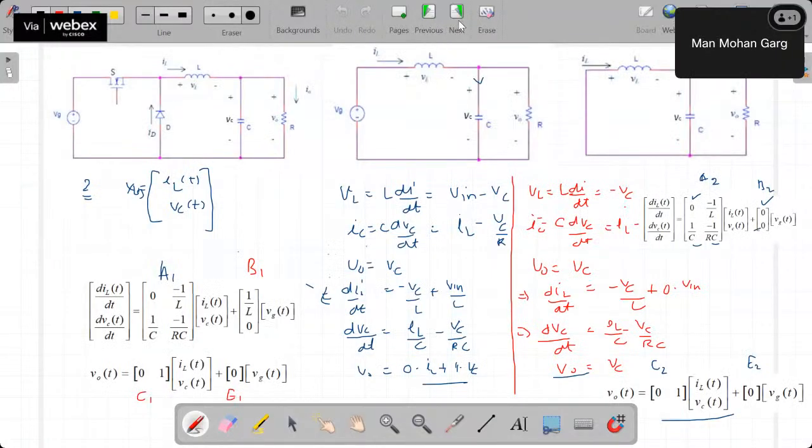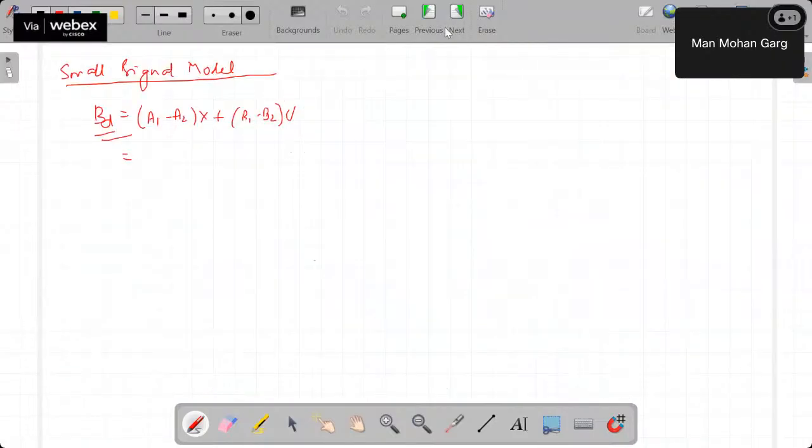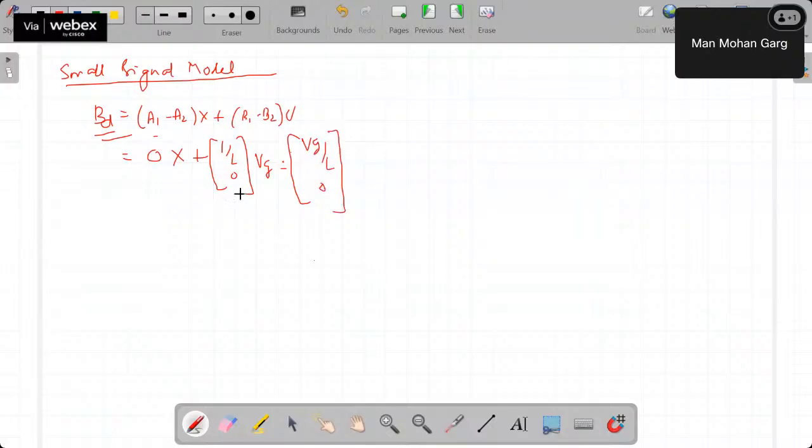So A1 minus A2 will be 0. 0 into X will be 0, plus B1 minus B2. B1 is 1 upon L, 0. B2 is 0. So the difference will be 1 upon L and 0. So this will be 0 into X plus 1 upon L, 0. And U is Vg, right? So if you write it, it is Vg upon L. This is your BD.